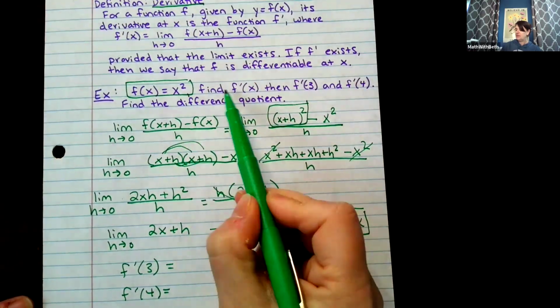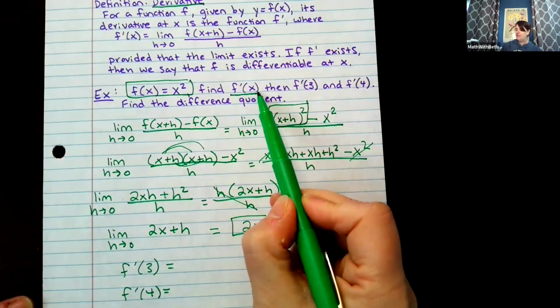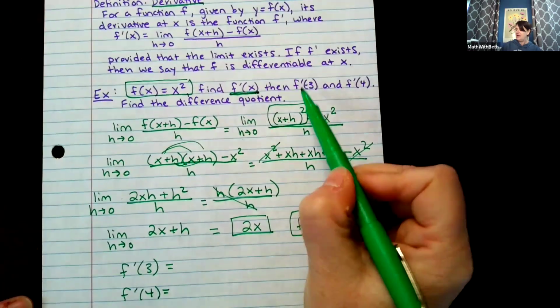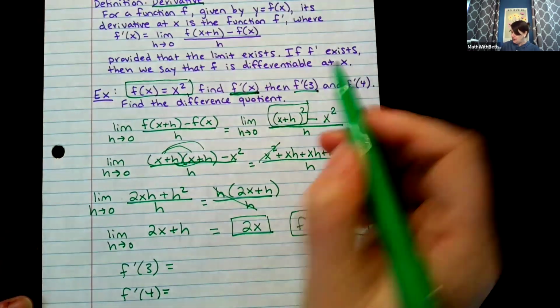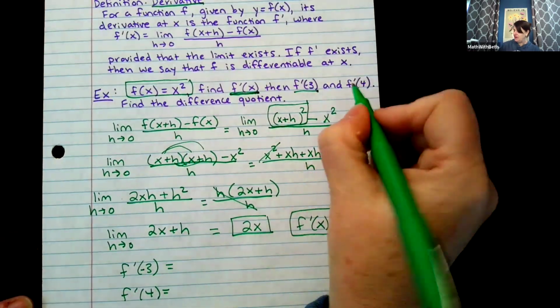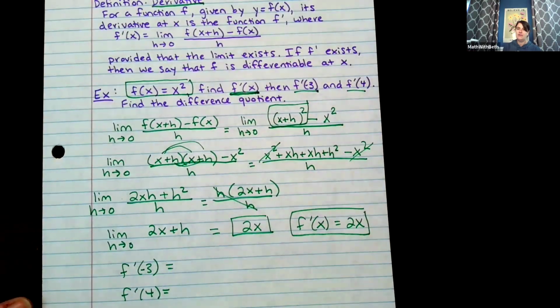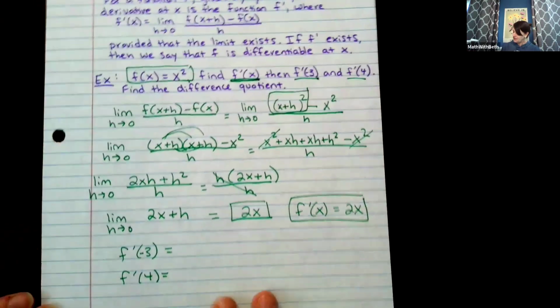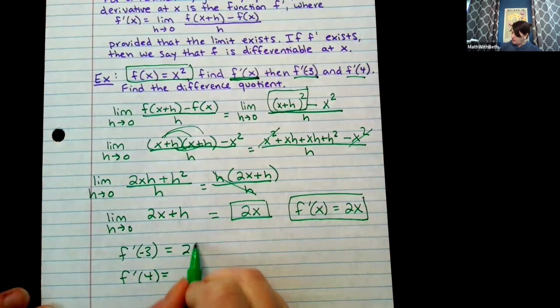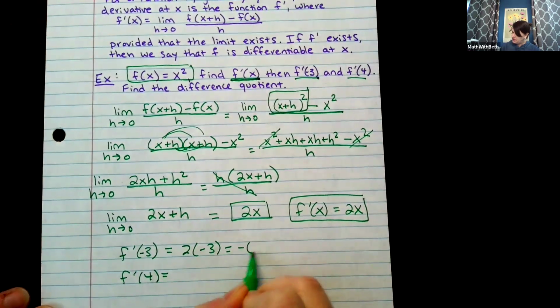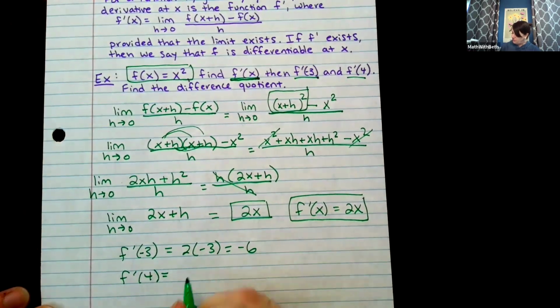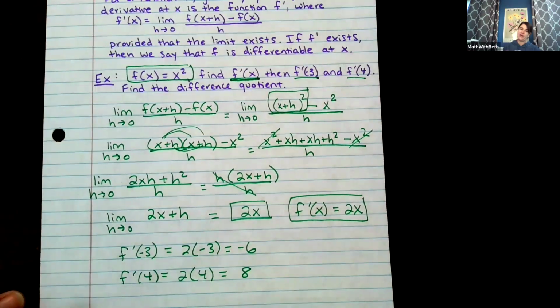So the directions were to find f prime, which we just did. Now f prime of -3. So we're going to do that by plugging in -3, and then f prime of 4. So plugging in -3 gets us -6. Plugging in 4, we get 8. So now we've answered all of their questions.